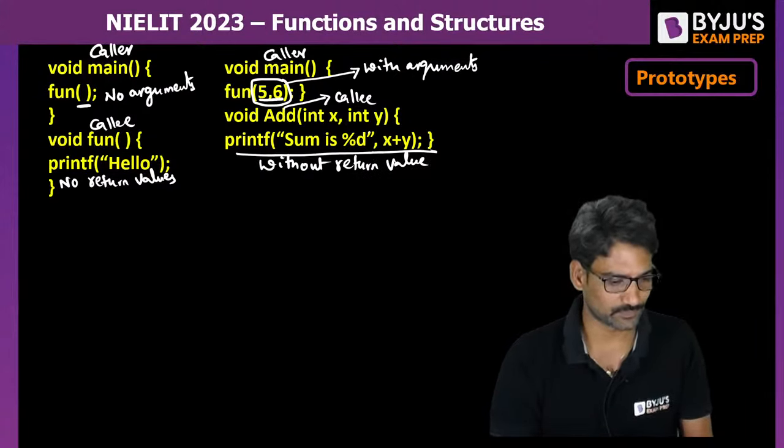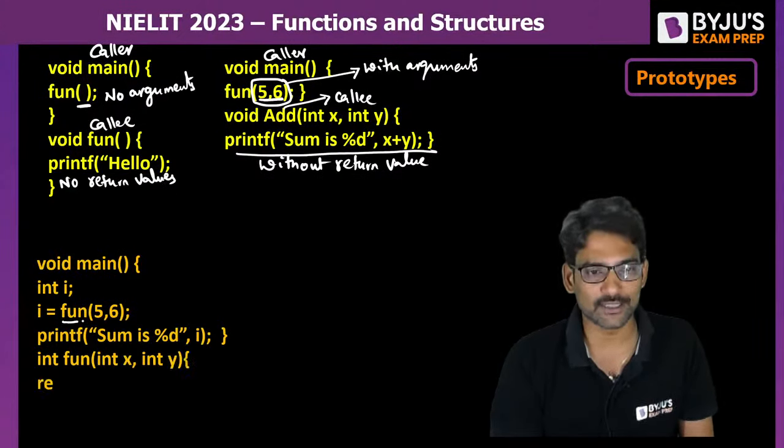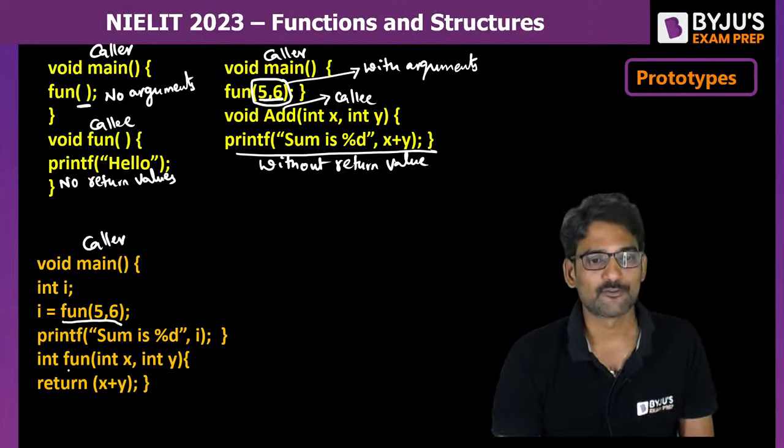What are the other 2 combinations? You can see this third combination. Here inside the main function we are calling this fun function. So definitely main is the caller, fun is callee, and while calling the function we are passing argument. So caller passing argument. So this is the function with argument.